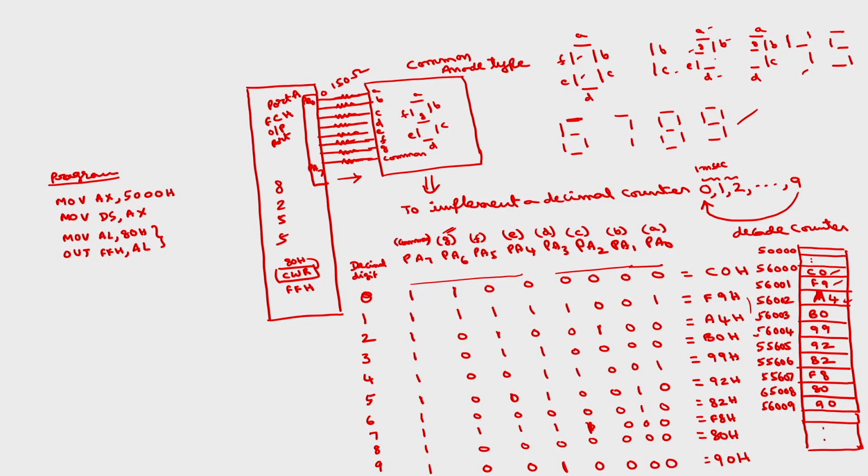I have to display 0 here. The code corresponding to 0 is C0, which is there in the location 56,000H. For that I am using the same logic that I used in the keyboard interface for decoding. Move AH comma 60, because this offset is 6000. Move AL comma 00, so that AX points to 6000.